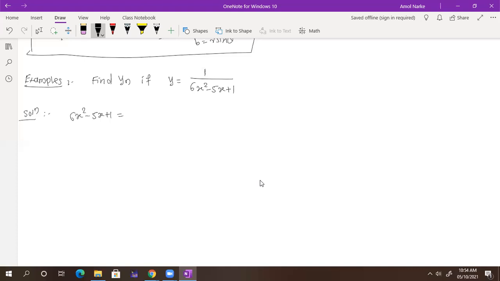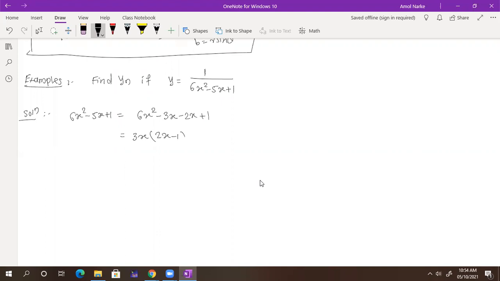How to factorize this? You need minus 6 plus 1. If you do minus 6 plus 1, minus 1, 3x minus 1. So here you will get 3x minus 2x and plus 1. So these I can factorize. I can take 3x as a common out. Here I am remaining with 2x minus 1.